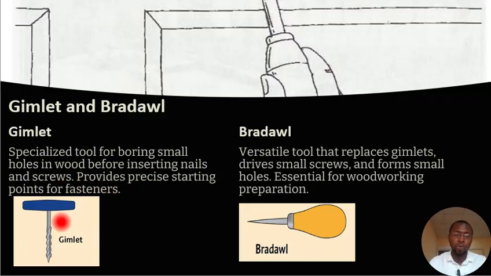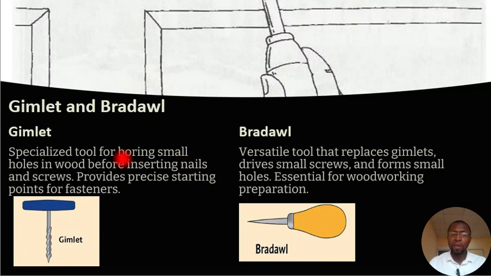So if you want to make insertion of nails easier, sometimes you can use the gimlet. This is an example of a gimlet. You spin the tip gradually into the wood, and it makes that small hole that can allow the screws to enter. So that's what the gimlet does for making small holes in wood, a special tool.